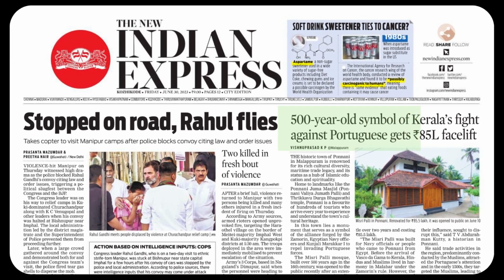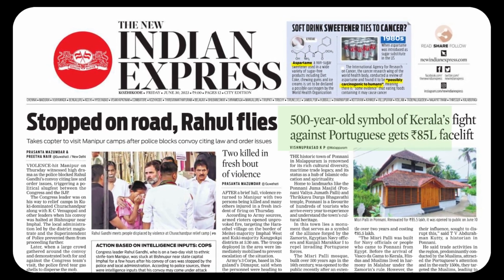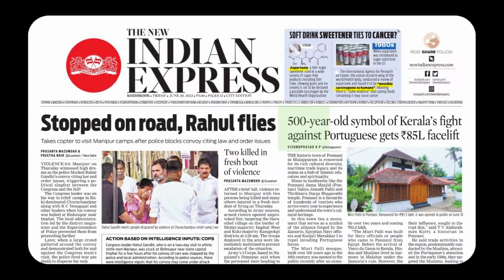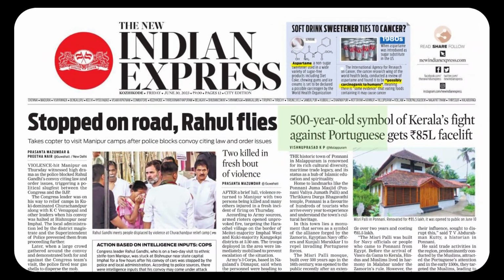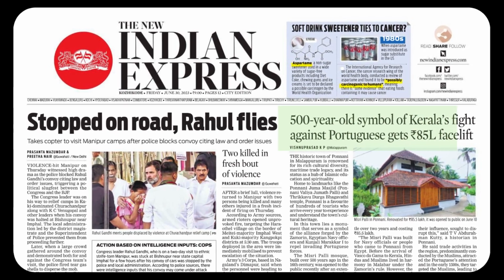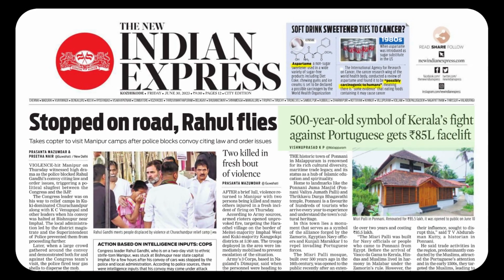Facelift, beautiful. Facelift can be a type of treatment to make something look more attractive. Here it's an improvement. So you embellish, you enhance something. So we are talking about the historic town of Ponnani, whose renowned legacy has been enhanced by the government's project. That's a beautiful observation.